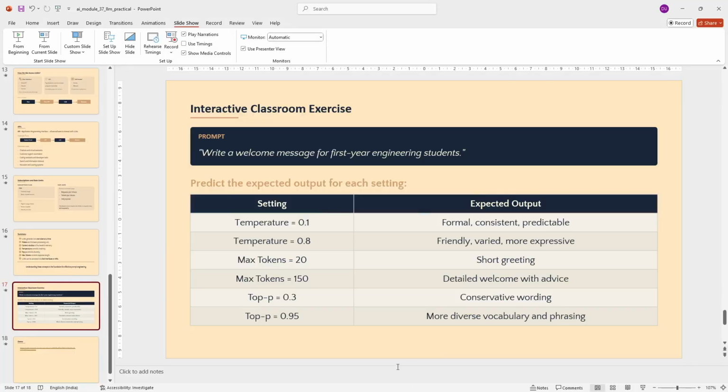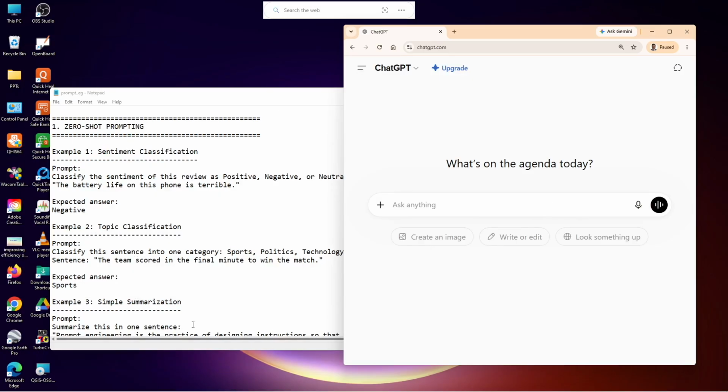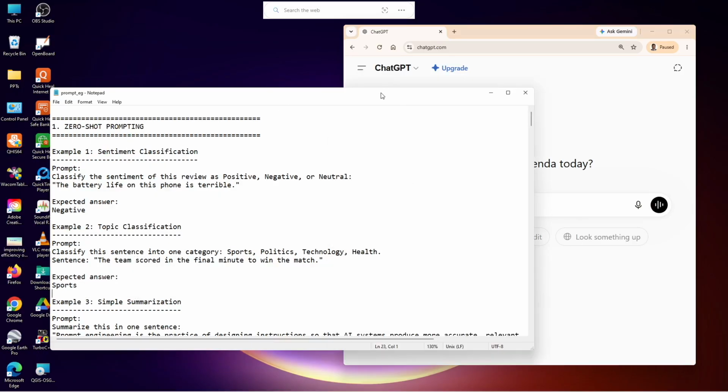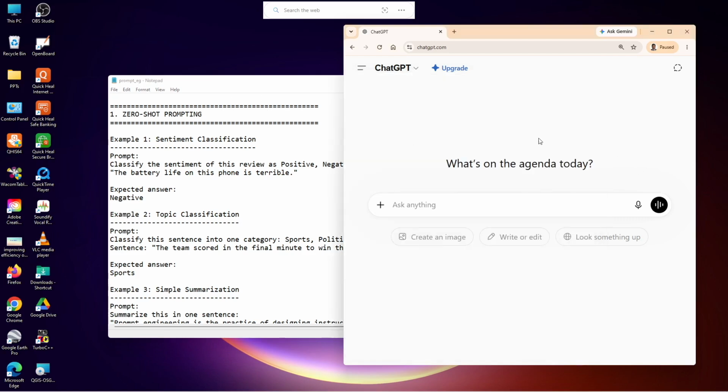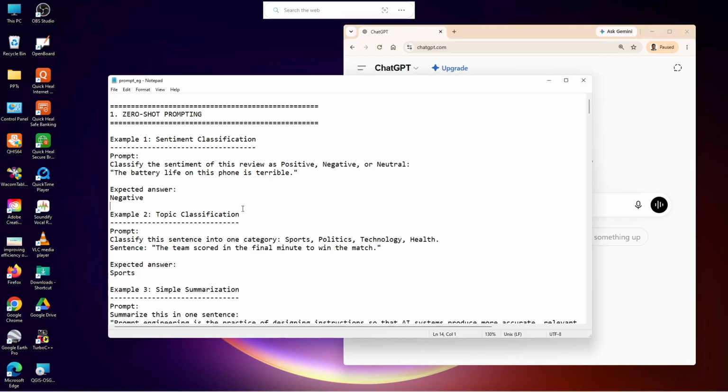Now, we will look at a few demo sessions where we will have the example prompts and the output here. In the last session we saw zero shot prompting. You see here I have the ChatGPT interface. I will take a few of these, like zero shot prompting: classify the sentiment of this review as positive or negative.